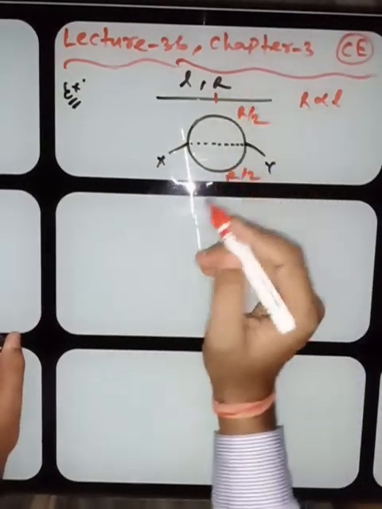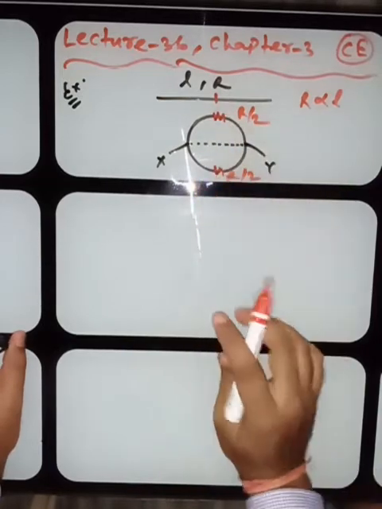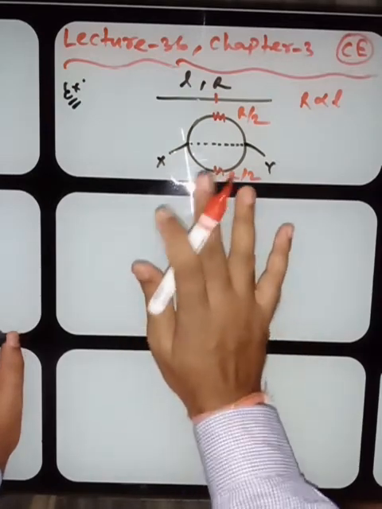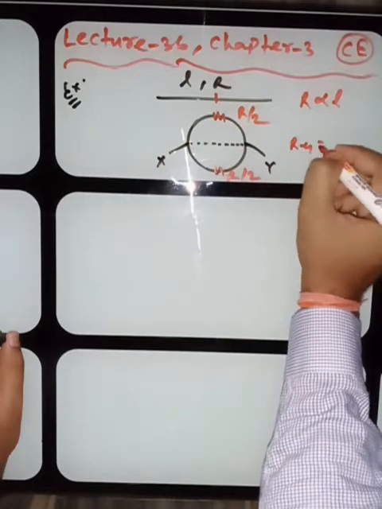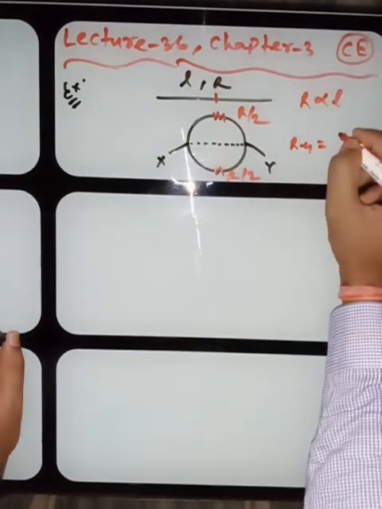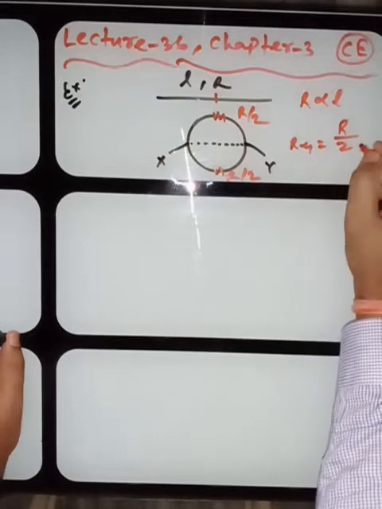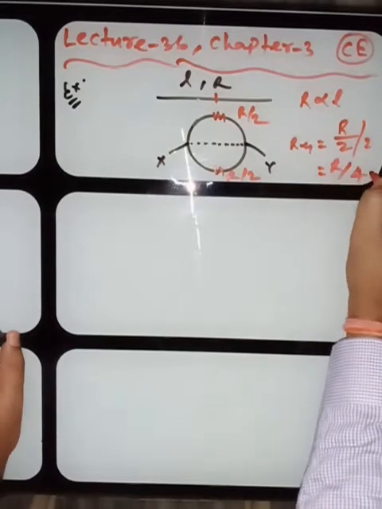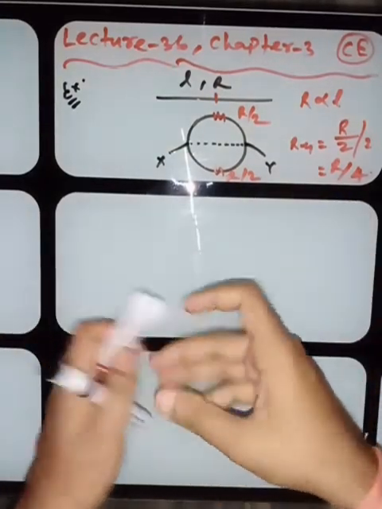Now these two resistors are connected in parallel. Very easy. The R equivalent will be R by 2 divided by two, so the answer is R by 4. I hope you will get it.